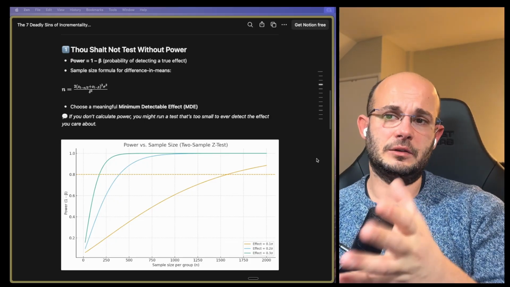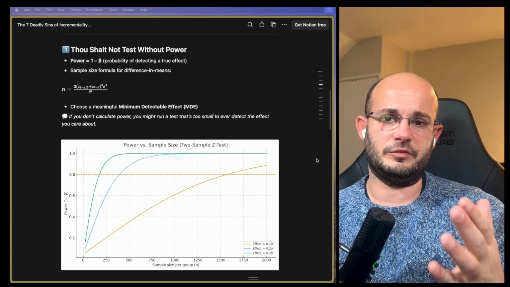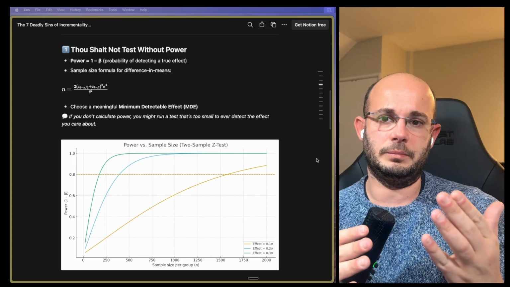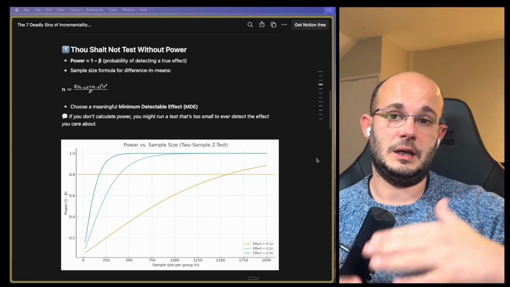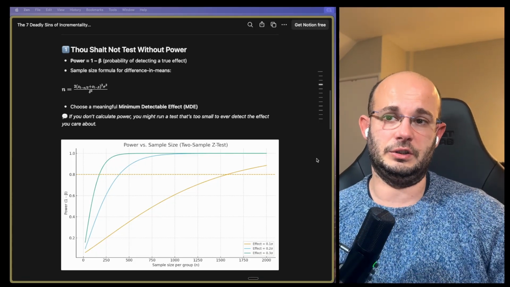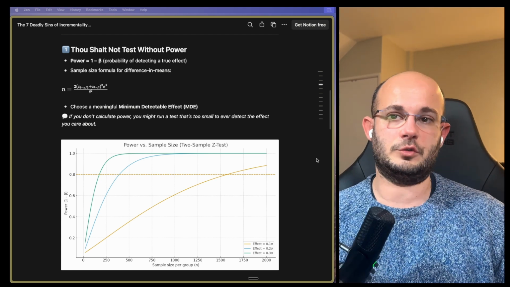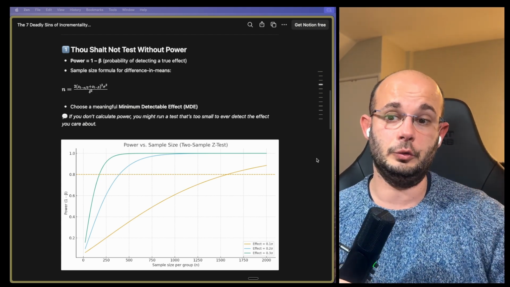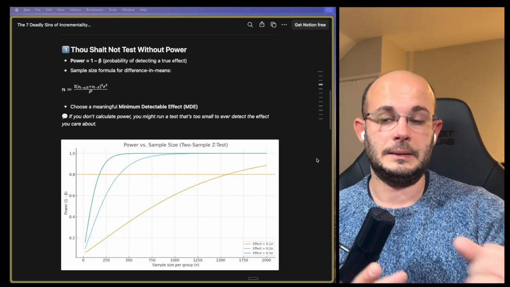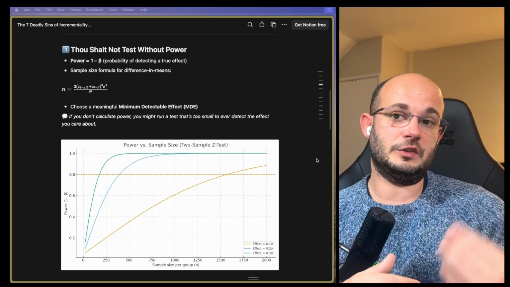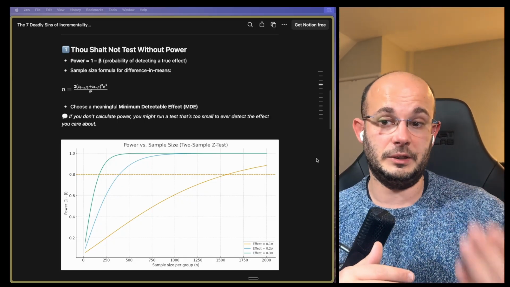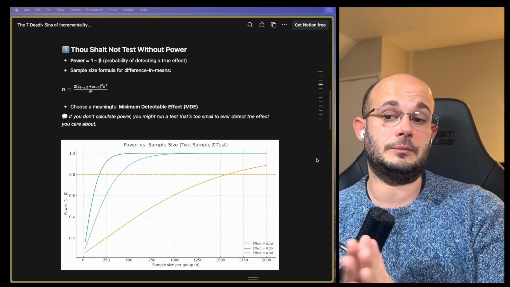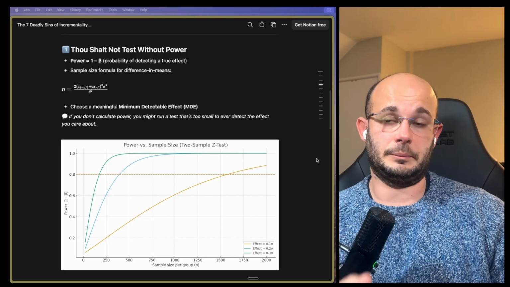And in the chart you can see that power varies based on sample size and based on the effect. There's basically two ways to increase power. You either increase your sample size or you detect a larger effect. It's easier to increase power by increasing your minimum detectable effect, but sometimes you need to do it with sample size.